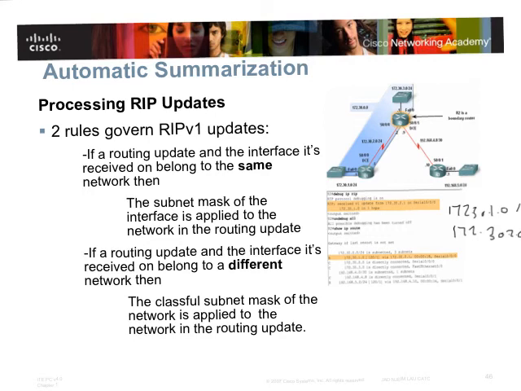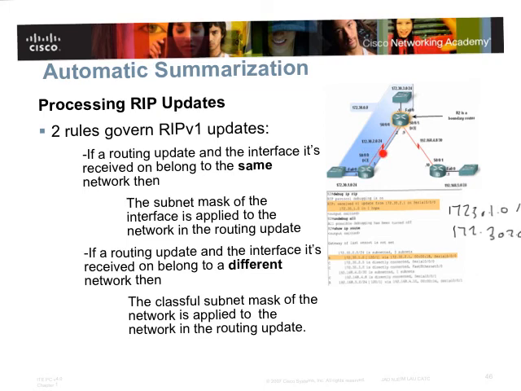happens using this rule. What will happen is that if a routing update gets sent on an interface, remember, what is the subnet of this interface? It's 172.30.2.0/24.